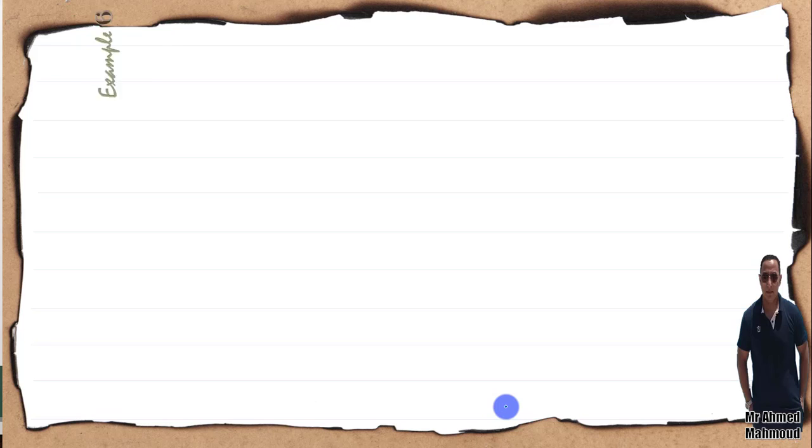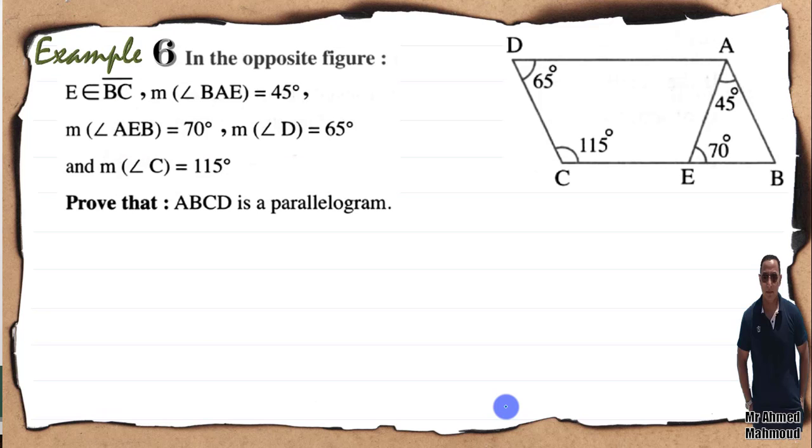Example 6. In the opposite figure, by looking at the given angles, prove that ABCD is a parallelogram. Now I can use the angles to prove that the opposite angles are equal, or I can prove that each two opposite sides are parallel.